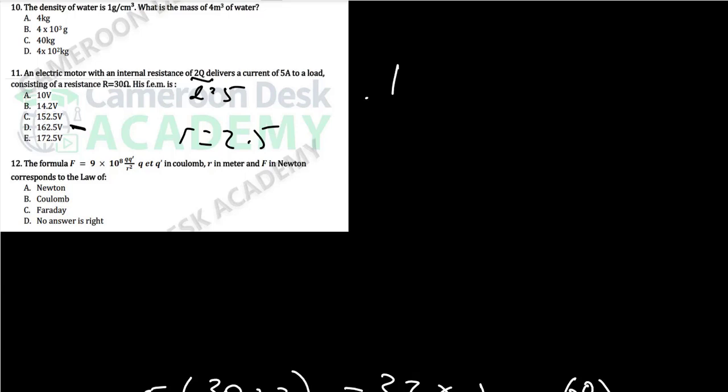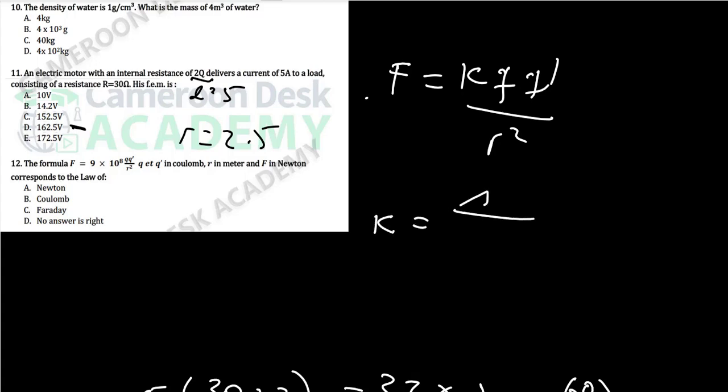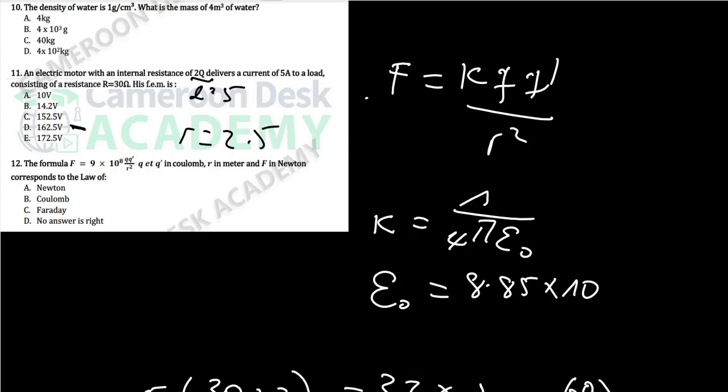In Coulomb's law of electrostatics, F is equal to K times q q prime divided by the separation r squared, where K is a constant of proportionality given by 1 divided by 4 pi epsilon 0. And epsilon 0 is the permittivity of free space, which has a value of 8.85 times 10 to the negative 12 farad per meter.